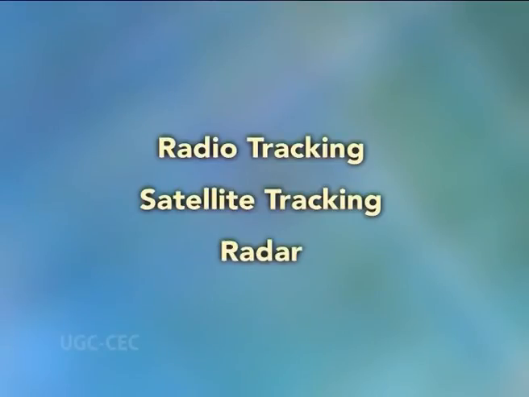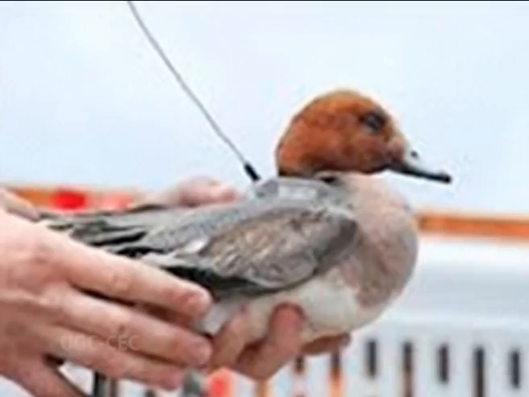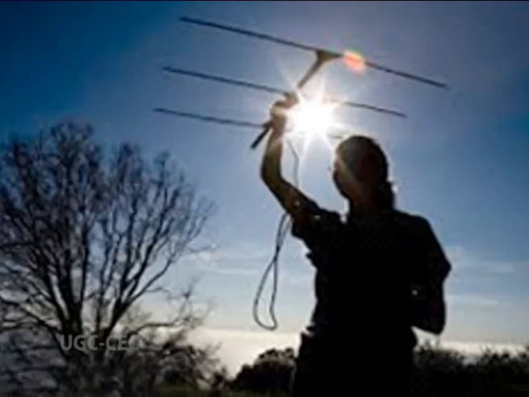Other very important and modern techniques use radio tracking, satellite tracking or radar. In radio tracking, a small radio transmitter is fixed on the back of the bird. This radio transmitter produces radio waves which are then tracked by an antenna.